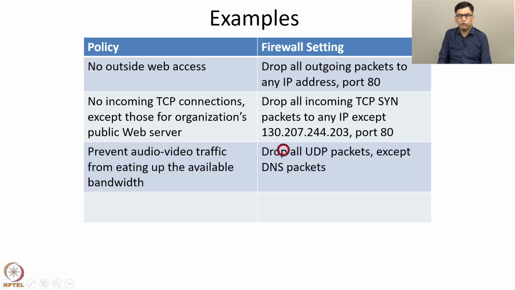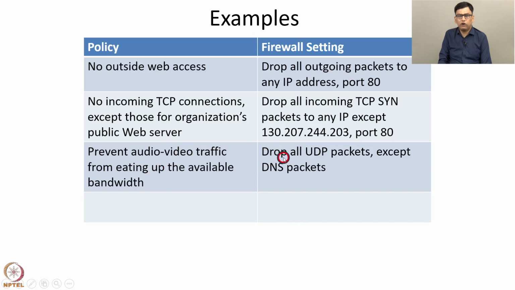So the corresponding firewall setting which would work is we drop all UDP packets except DNS packets. So DNS packets we have seen in the previous lecture, they run over UDP. If the packet is a DNS packet, then we should let it pass. But apart from this, all other UDP packets should be dropped. So this will prevent audio video traffic from passing through the firewall, and hence it will enforce this rule.